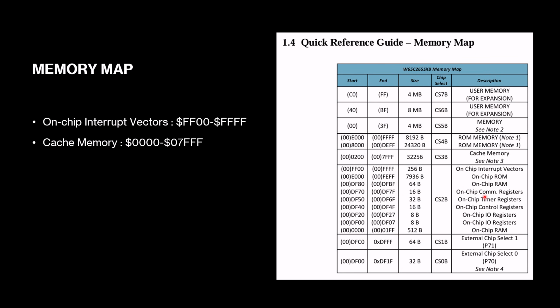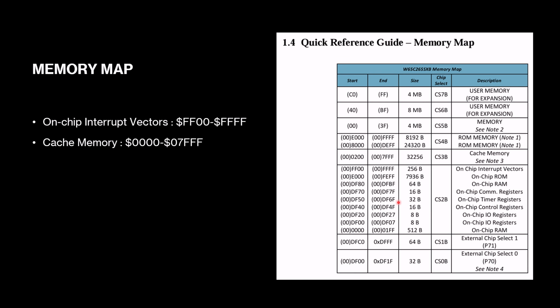This memory map is pretty important to pay attention to. You can probably ignore these top 3 rows that are marked with chip selects 5, 6, and 7. I do not have this memory, or this user memory up here, or the one above that. These are addresses I don't have access to because I don't have that hardware. But the actual chip itself has this CS2B, and it shows all of this breakdown of addresses.